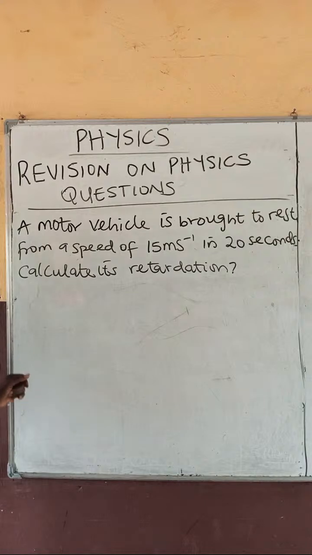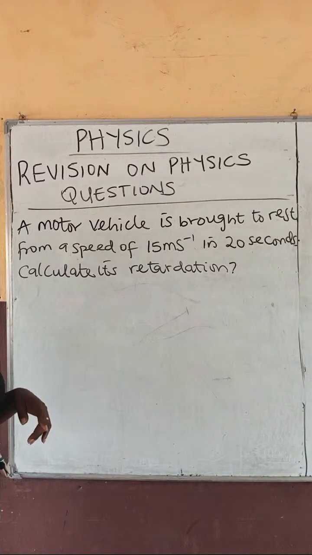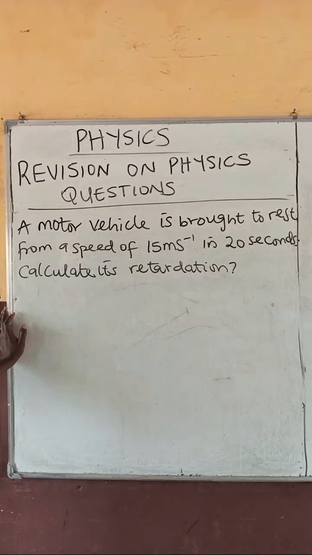Okay, so let's solve together. A motor vehicle is brought to rest from a speed of 15 meters per second in 20 seconds.